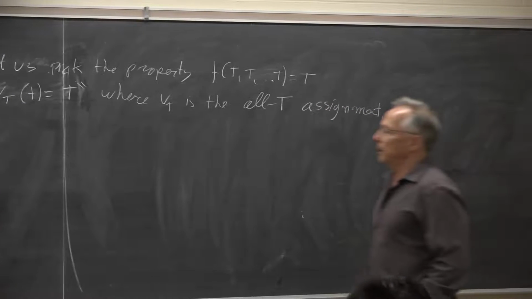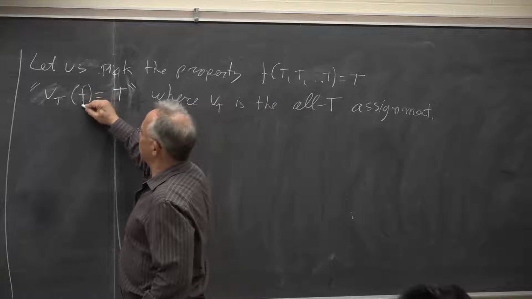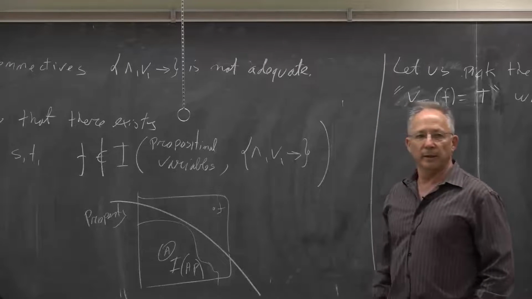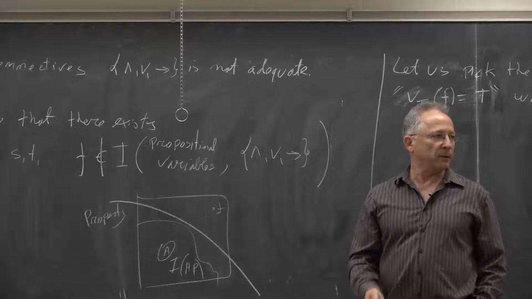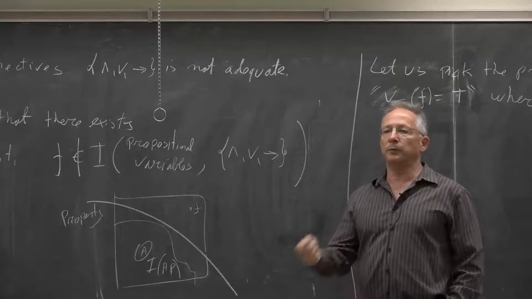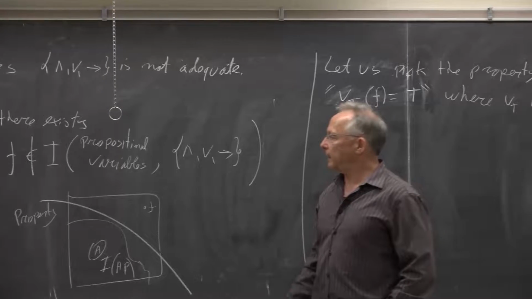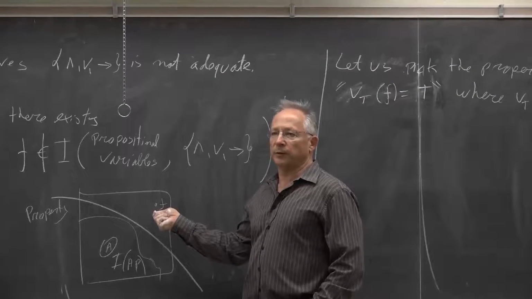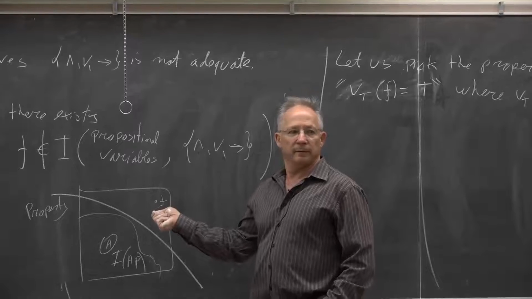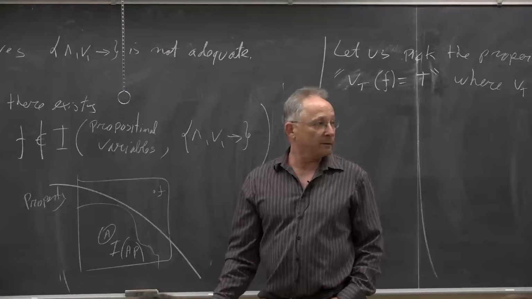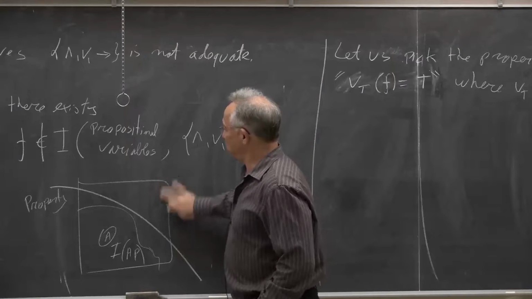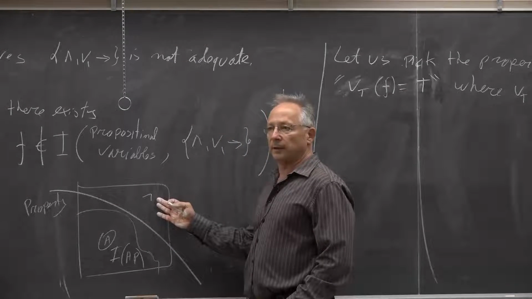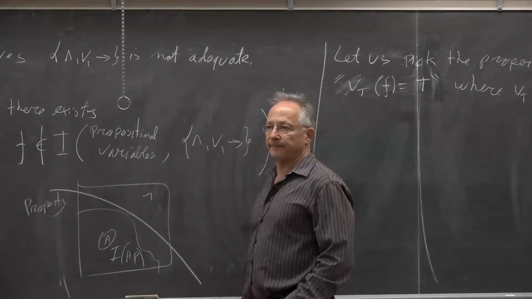I want to show that everything that I can generate from these connectives has the property that when I substitute the all-true assignment, the output will be true. And then which f should I pick to show that I wasn't able to generate all f's? For example, negation. So here we can just put the negation function. I will not be able to express negation because negation does not have this property.